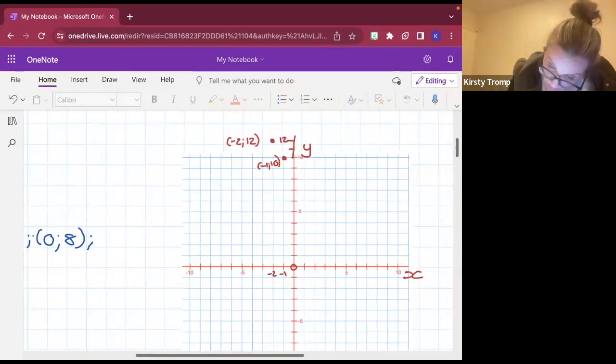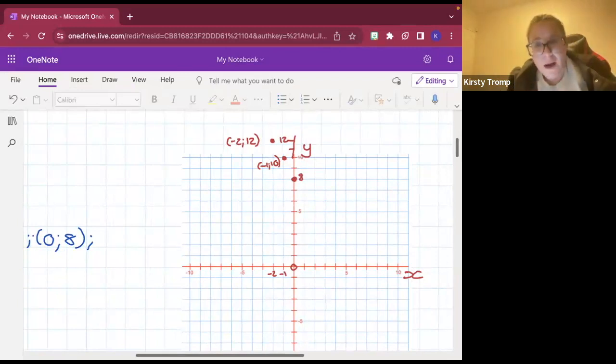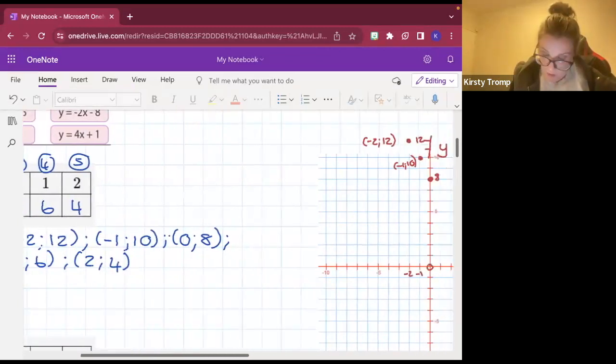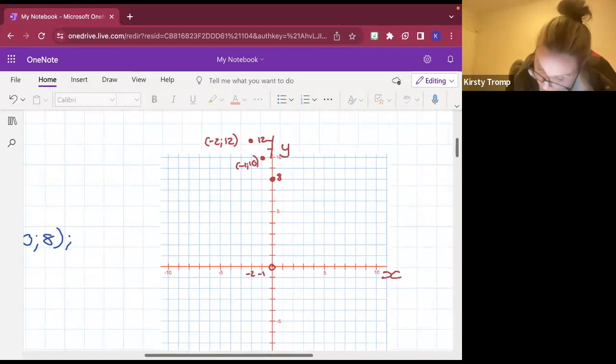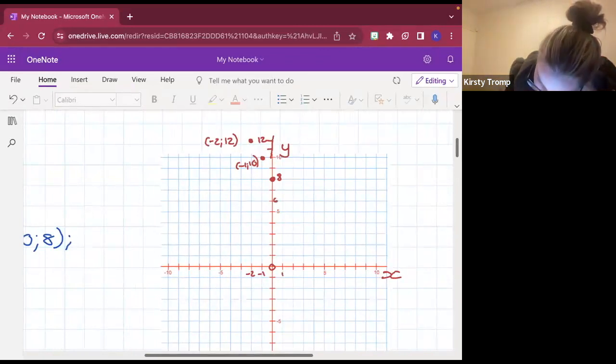Because here is 0, and here is 8. So the only thing I actually need to write is that that's 8, and then that one will be fine. If you want to label it, yes, you can. Absolutely. Go ahead and label it. (1, 6). So (1, 6). Bracket 1, 6.